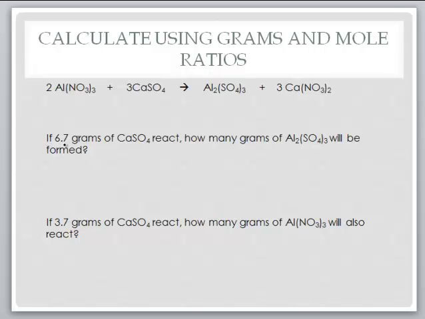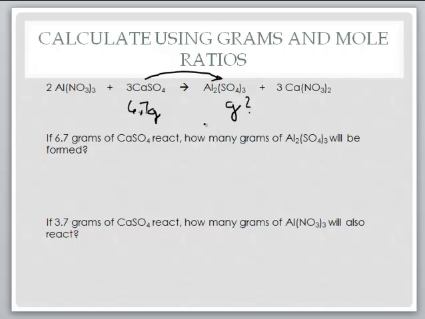So the problem says if you've got 6.7 grams of calcium sulfate. So first of all, I'm going to write my 6.7 grams there. It says how many grams of aluminum sulfate will be formed. So what you're going to see is I'll write my grams there. In other words, this is what I'm starting with, and this is what I'm trying to find. So essentially I'm trying to go from this to that, but we're doing this in terms of grams.